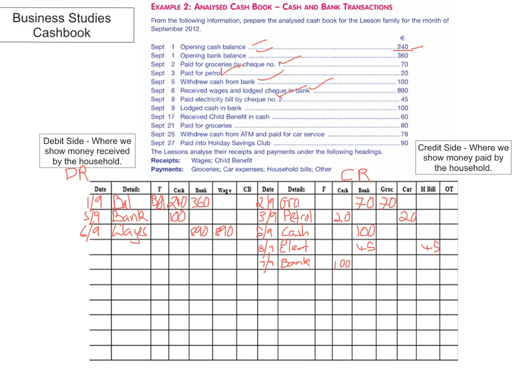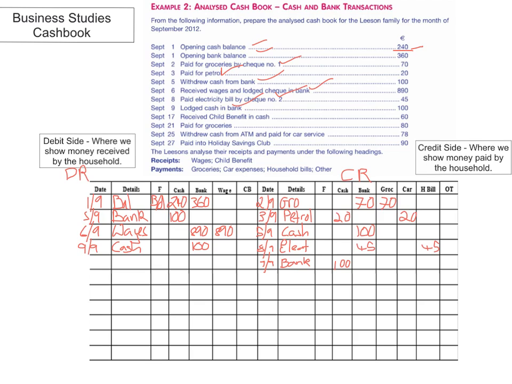And on this side, you're going to say the same thing, the 9th of the 9th. We'll say cash. It says lodge cash in the bank. So you're receiving the money, but will you have it in cash this time? No, you'll have it in your bank account. So you must put this into your bank, €100. I'm going to give that a little tick.